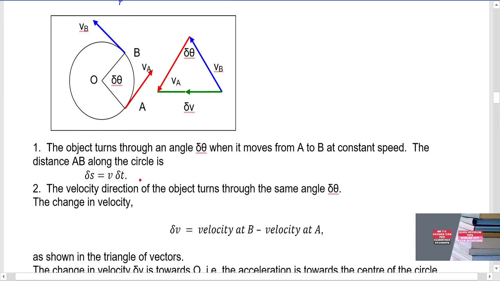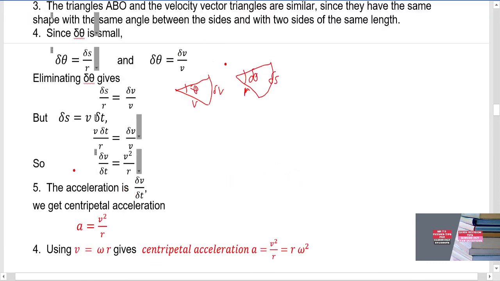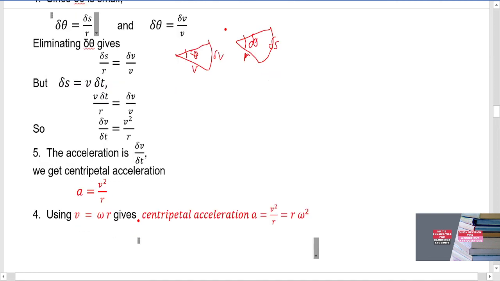So we can substitute, and then we have v dt over r, which was our s, is equal to dv over v. Now dv by dt, right, is equal to v times v, which becomes v squared over r. Now dv by dt is acceleration. That's calculus. So acceleration is equal to v squared over r.